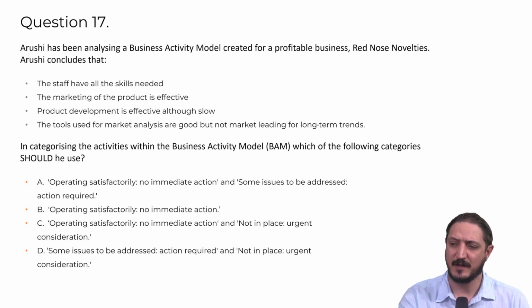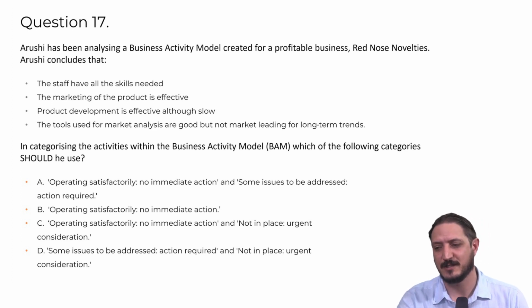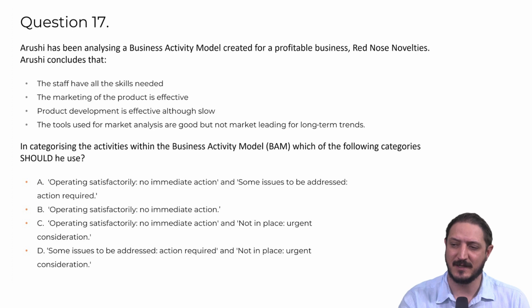So we have to think about the context of this organization here and define what are the best categories for these particular things here. And if we read through this here, we can see that 2 of these 4 statements are indicating that the organization is operating as it is. So nothing needs to be done to those particular activities.